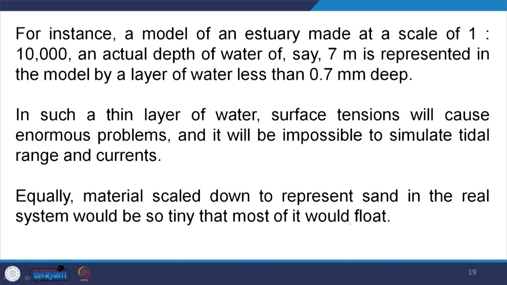In such a thin layer, water surface tension will cause enormous problems, and it will be impossible to simulate tidal ranges and currents also, because in a lake we have some tides, we have some currents. With 0.7 mm depth of water, it is not possible to simulate those features. So, it is not a model.